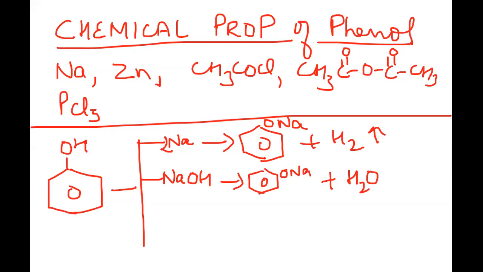Then the next reaction that we have to do is with zinc. Now, if we try out the reaction with zinc, remember zinc behaves a little differently. Though it is a metal, phenol reacts with active metals to liberate hydrogen. But when it is treated with zinc and heated, then it is reduced to benzene.